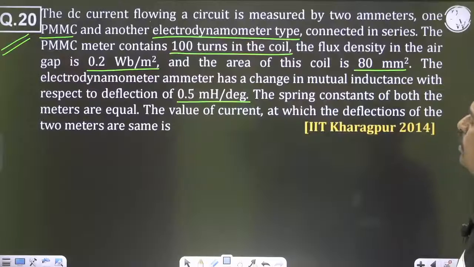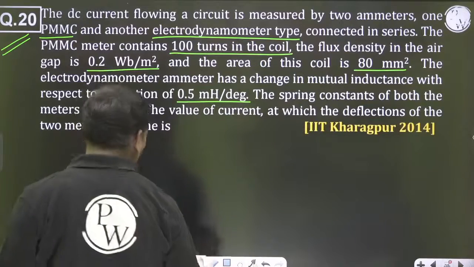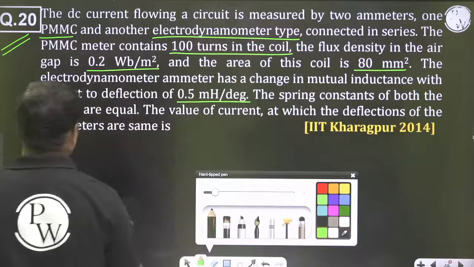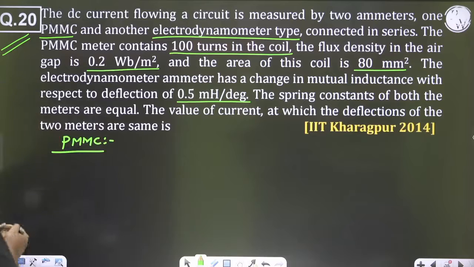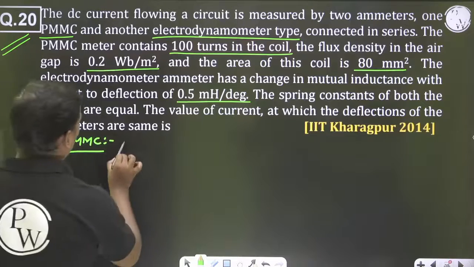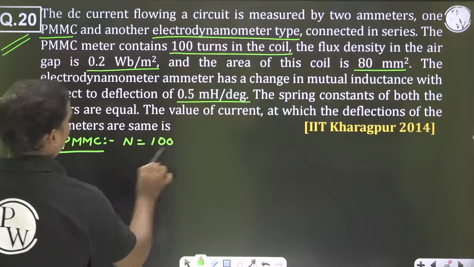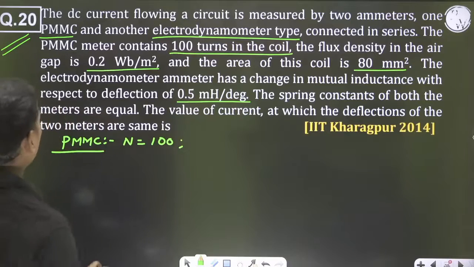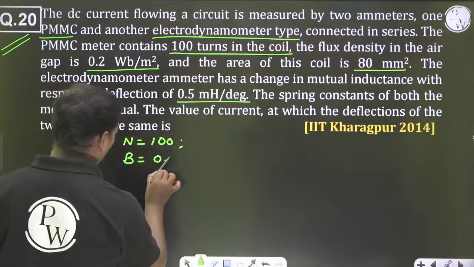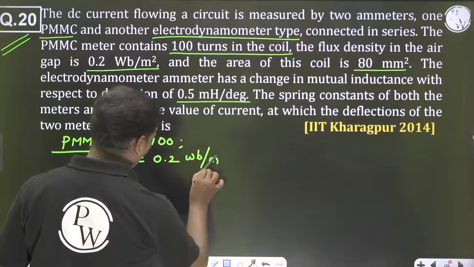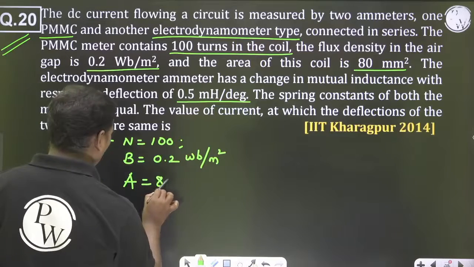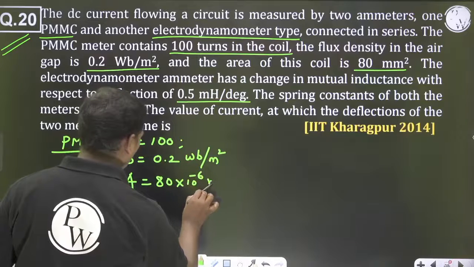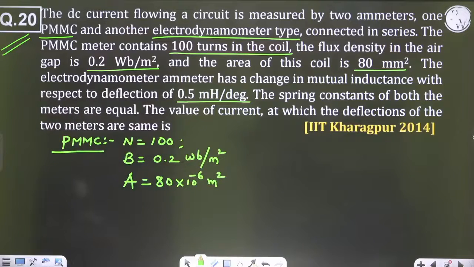The DC current flowing in a circuit is measured by two ammeters, one by PMMC. So let me write the PMMC data first. What is the PMMC data he has given? 100 turns is there, so N is equal to 100. The flux density is 0.2, and the area of the coil is 80 mm square, that is 80 into 10 power minus 6.